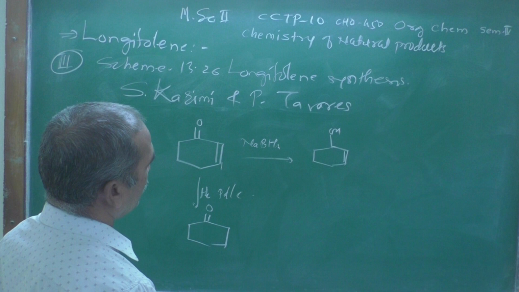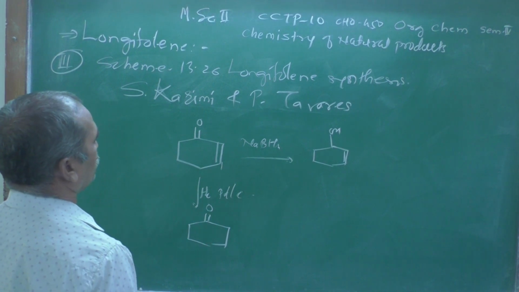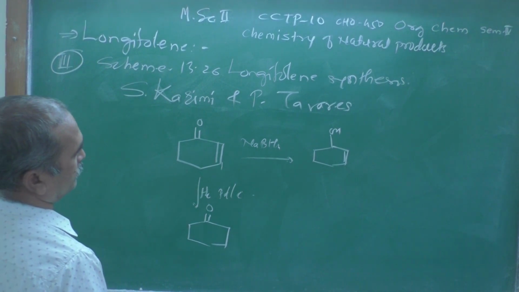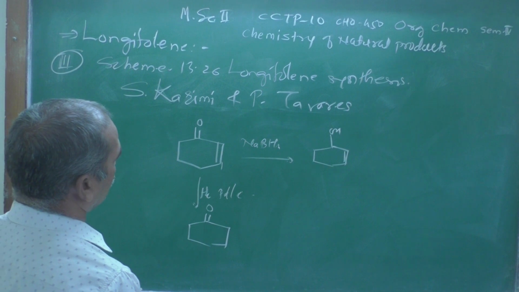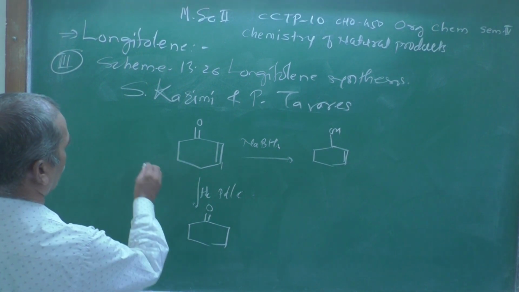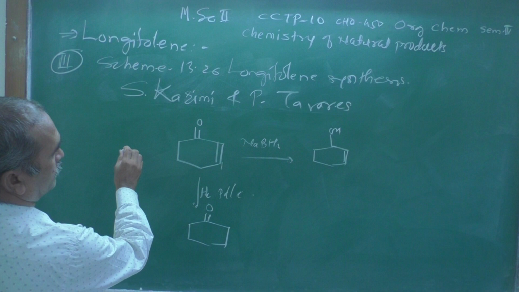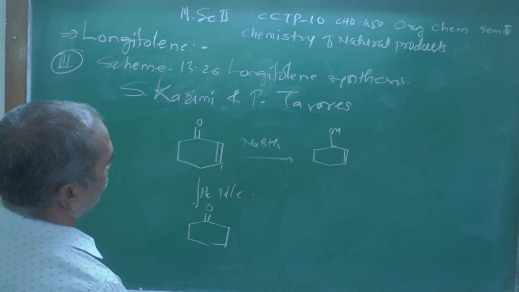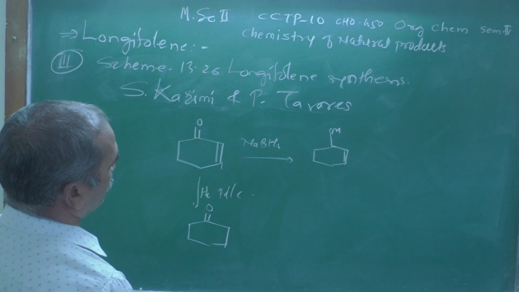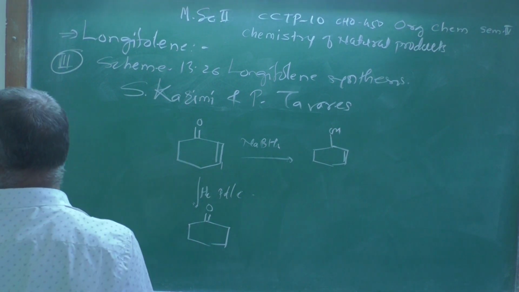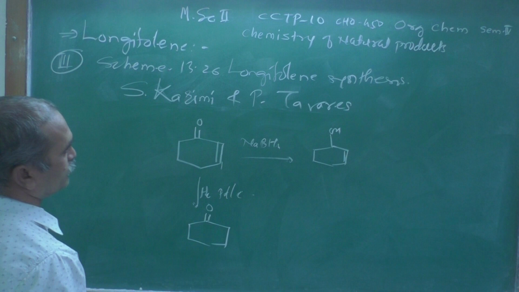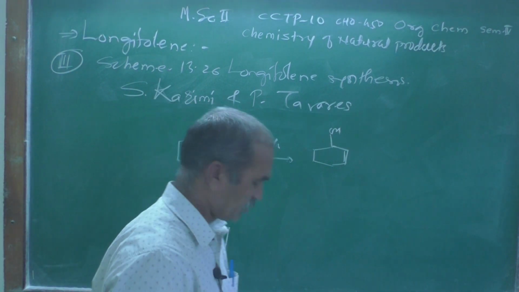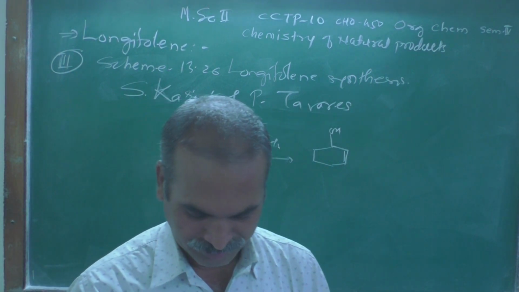So for an alpha beta unsaturated compound, if you use a strong reducing reagent like lithium aluminum hydride, it also reduces this type of compound.